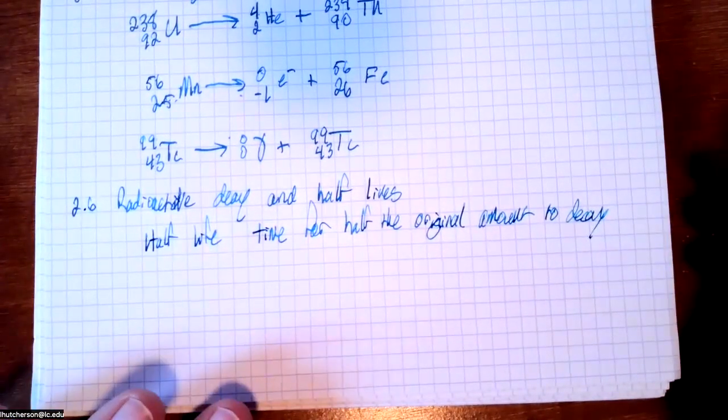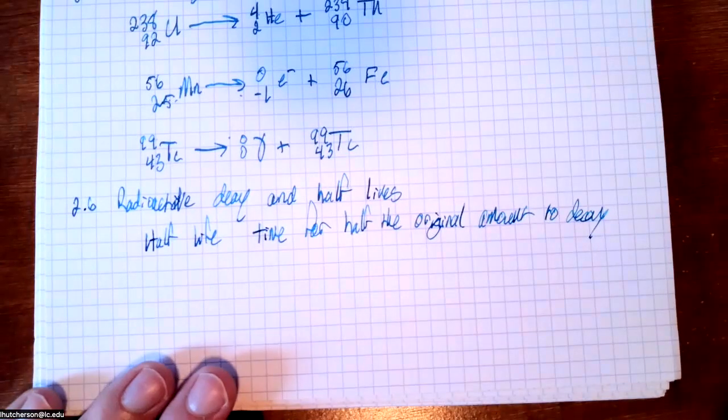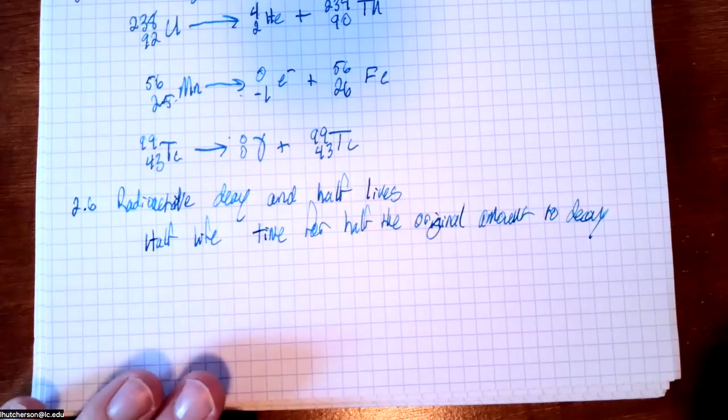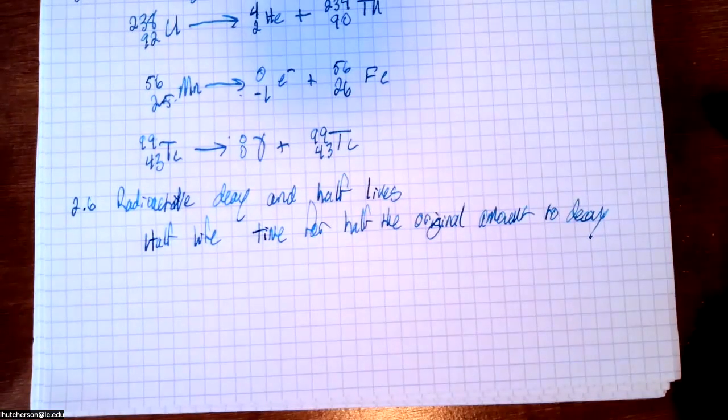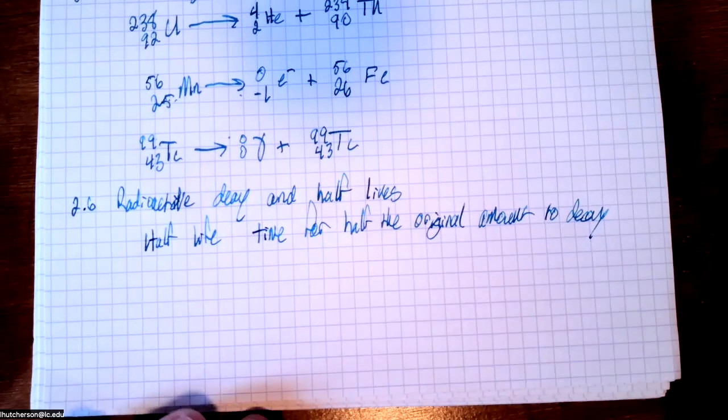Half-lives, depending on the isotope, are all over the place. They can be down to fractions of seconds, they can be billions of years. Just a couple examples.